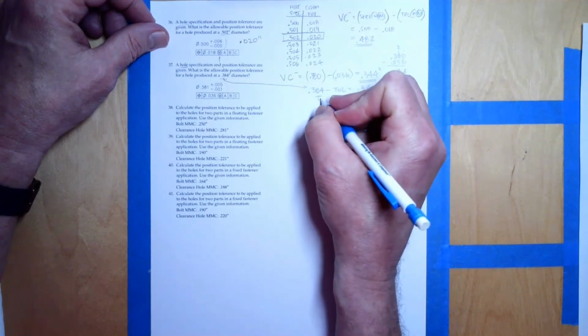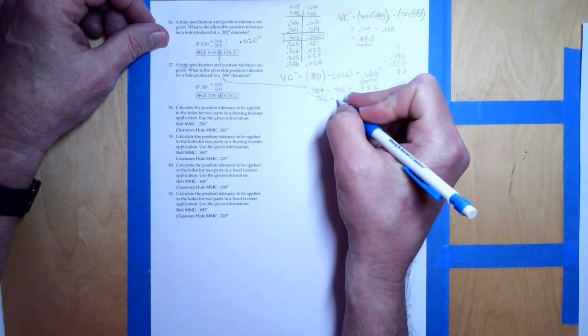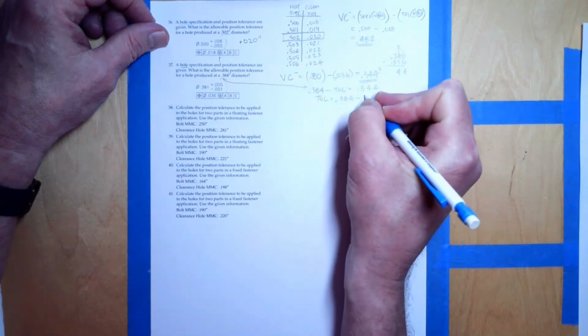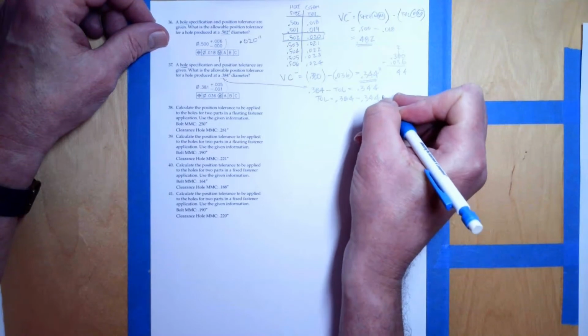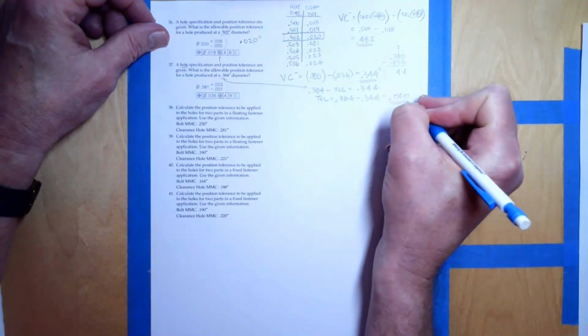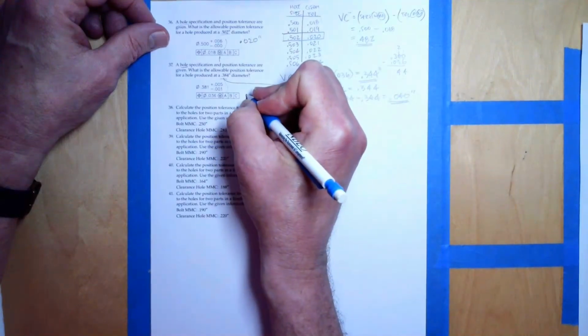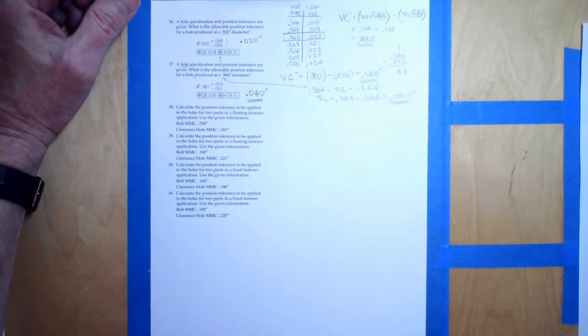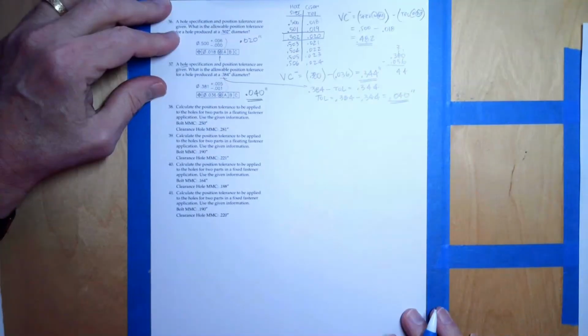So the tolerance is equal to 0.384 minus 0.344 equals 0.040. So the answer here is 0.040. All right, so that's another way to do these problems.